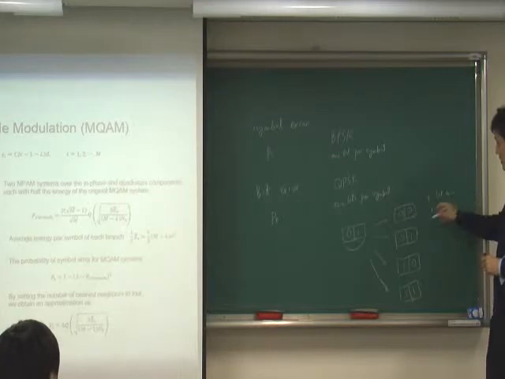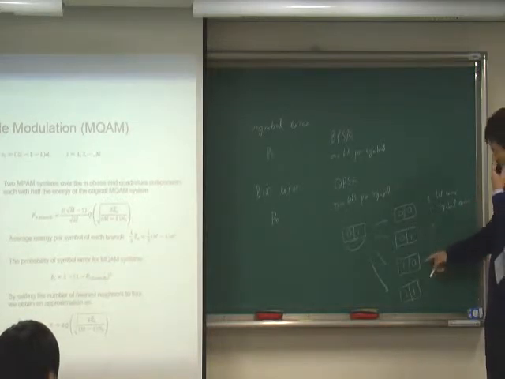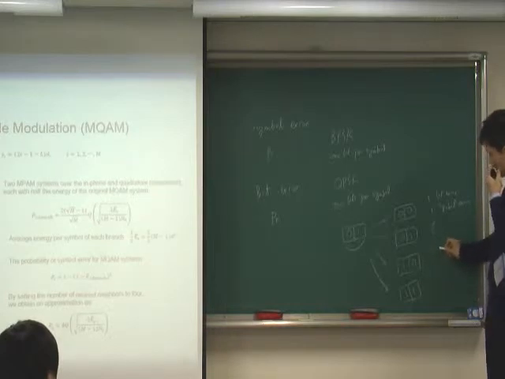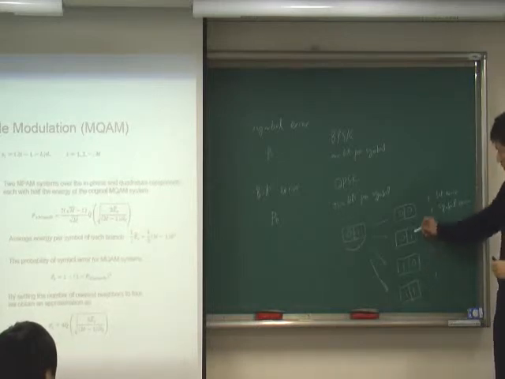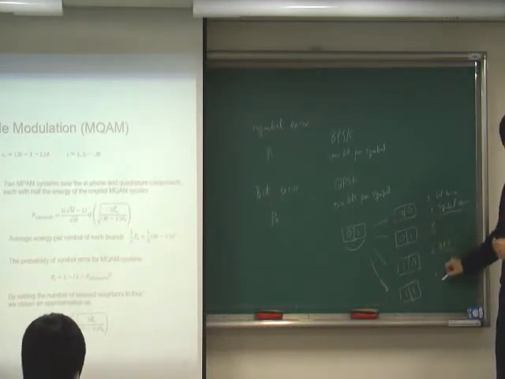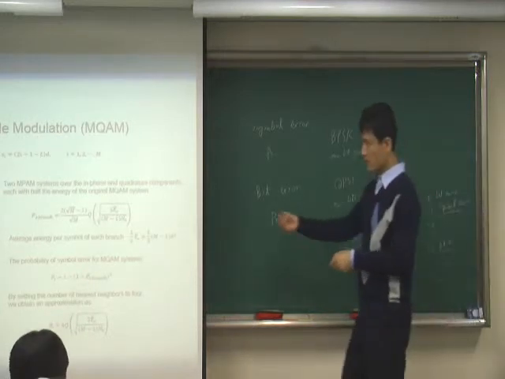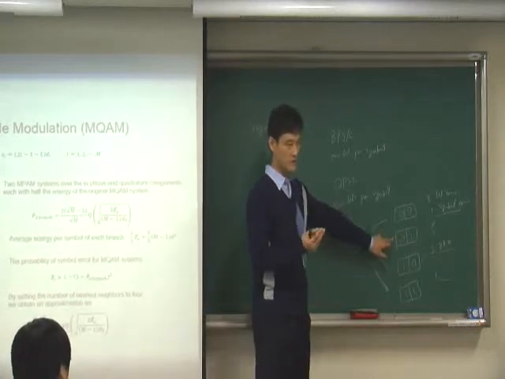Of course, we are thinking about only 1 symbol, so there is a symbol error, right? In this case, no bit error, no symbol error. In this case, we have 2 bit errors, symbol error. This case also has 1 bit error, symbol error, right? So for any bit in error, you get a symbol error, right? Therefore, this is the only case that you have no symbol error.